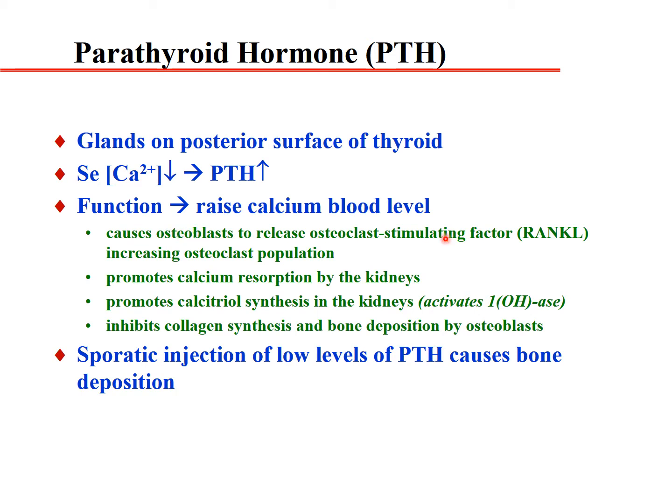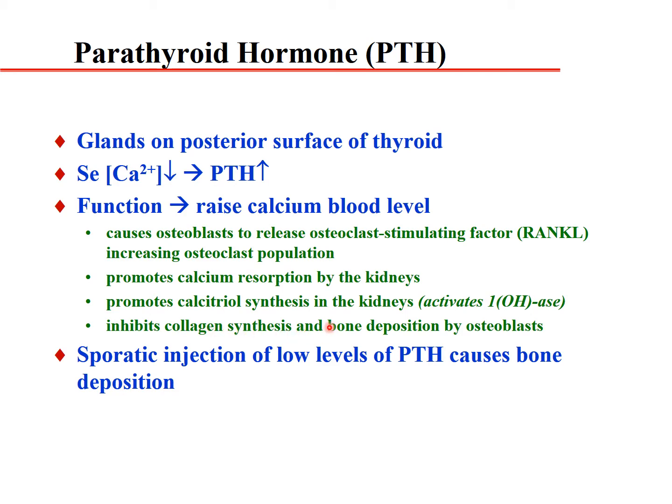It usually happens when the PTH activates the RANK ligand, increases the osteoclast population, and promotes calcium resorption as well. Plus, it affects the kidney, promoting phosphate excretion and calcium reabsorption. At the same time it promotes calcitriol synthesis in the kidney by activating the 1-hydroxylase enzyme.